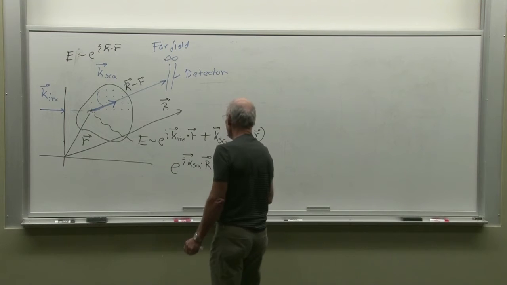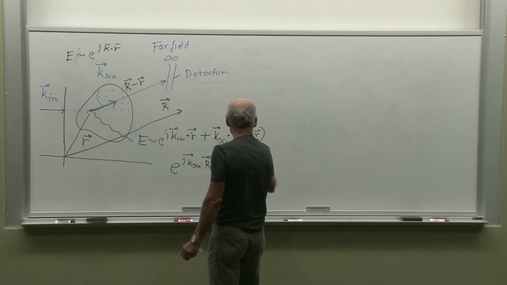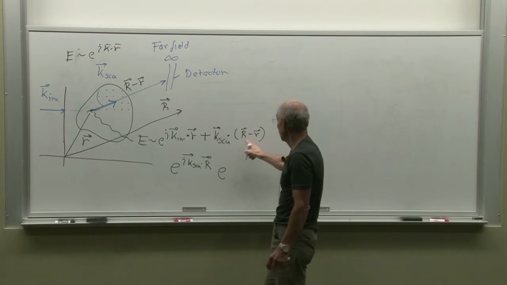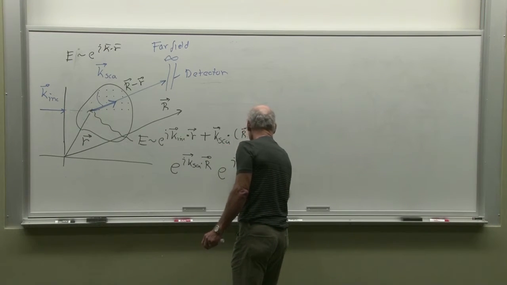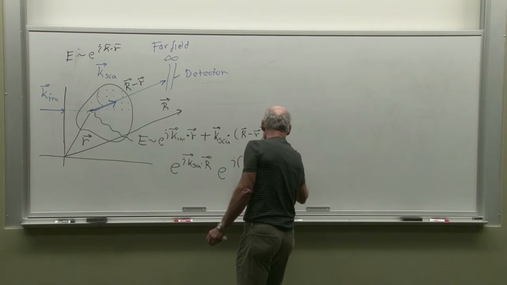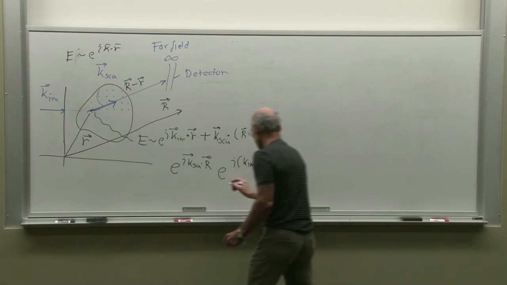And then I've got k incident dot r, and notice the minus r here for k scat. So I get i (k inc minus k scat) dot r. There it is.